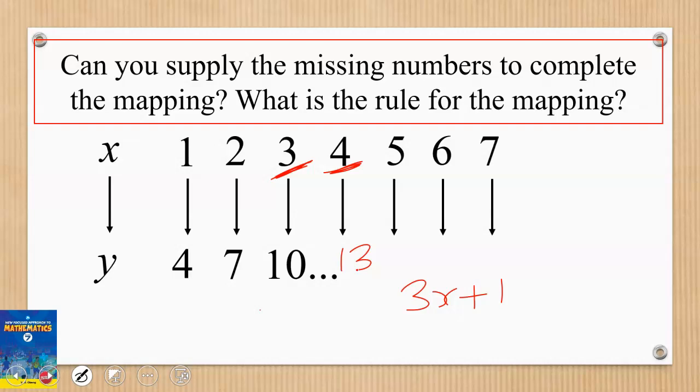And then again, 5 times 3 is 15 plus 1, 16. And it goes in that direction. So the rule of the mapping is that Y is equal to 3x plus 1. That means whatever the value of X, times 3 plus 1 will give me the value of Y. Let's do more examples.